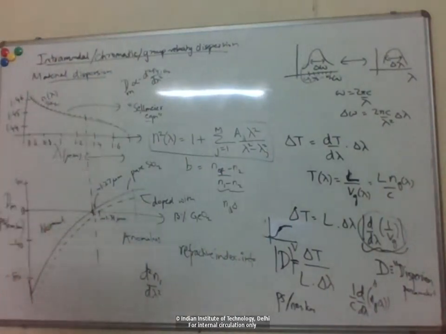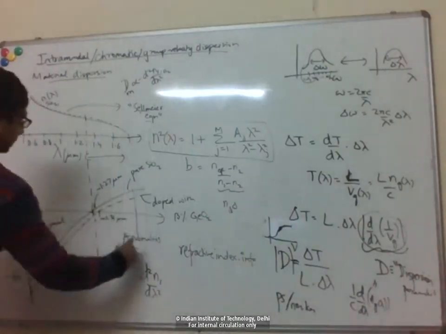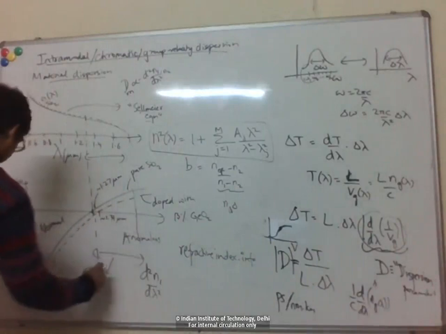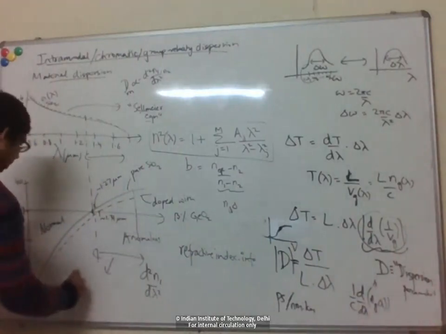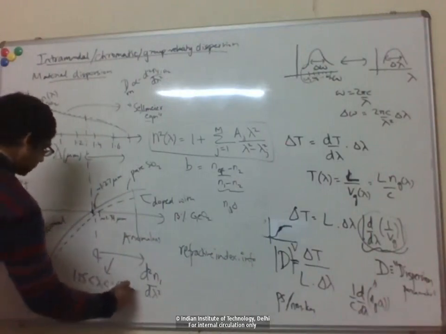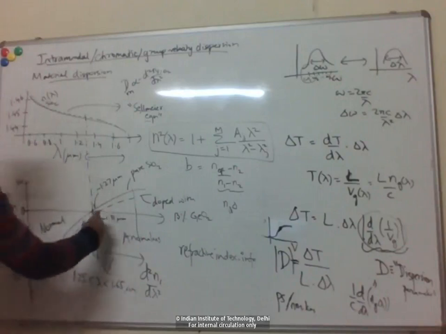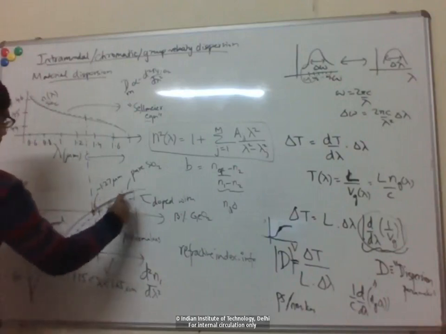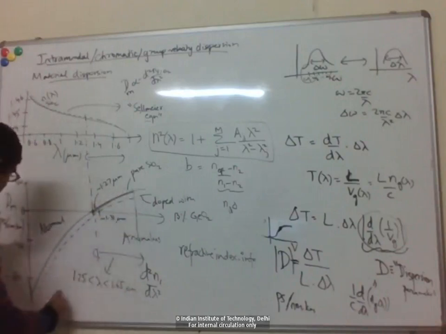So in the telecom wavelength range, let's say from 1.25 to 1.65 micron, which is our range of interest for optical communications, this dispersion curve we can approximate well by this simple expression.